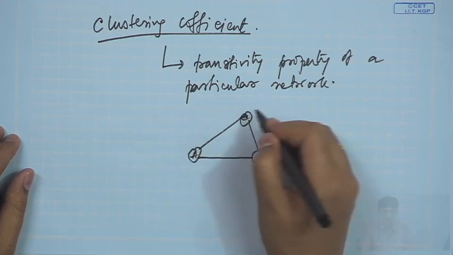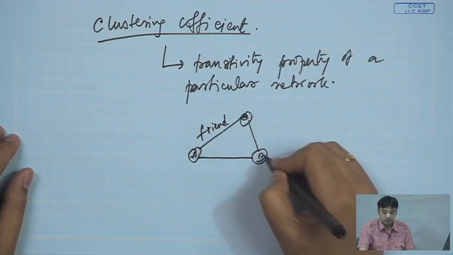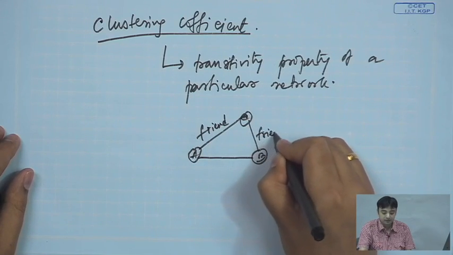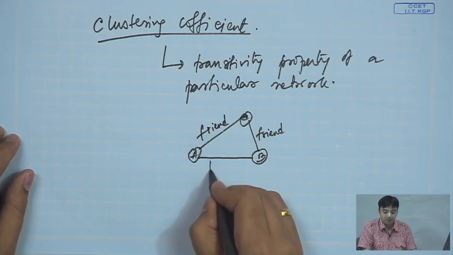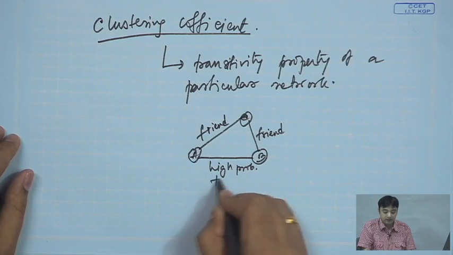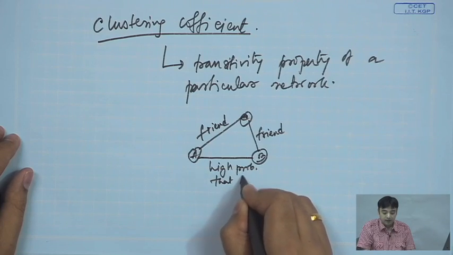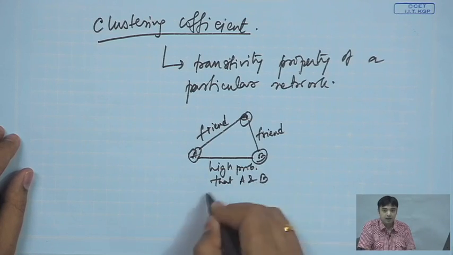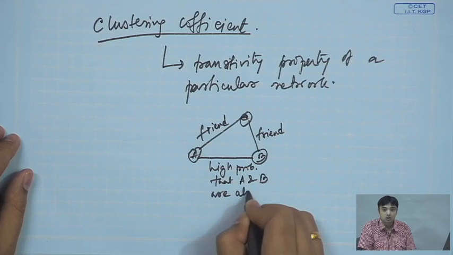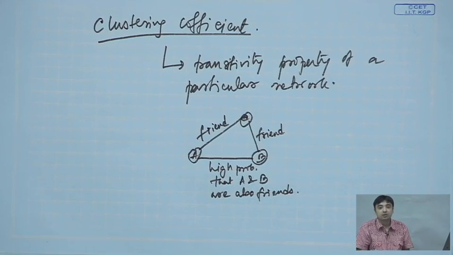So, A and C are friends, B and C are friends, then there is a high probability that A and B are also friends, right. This is what is called the famous transitivity property of a network.